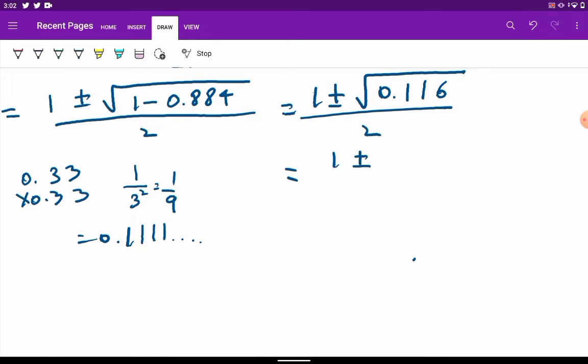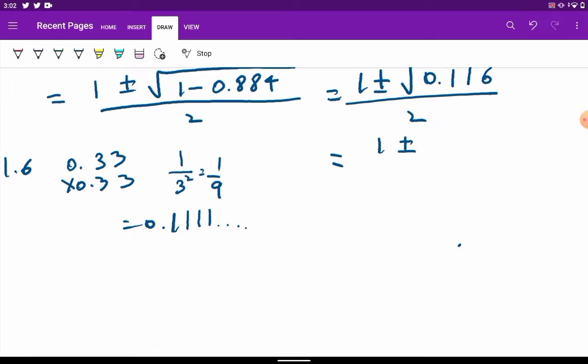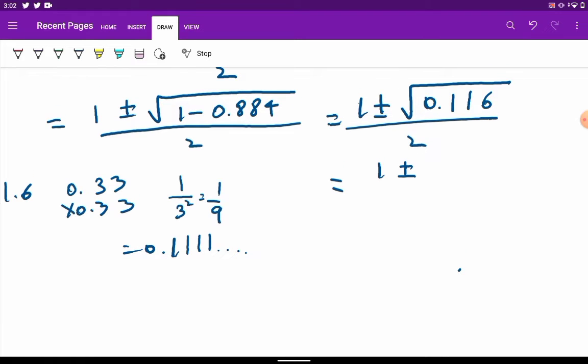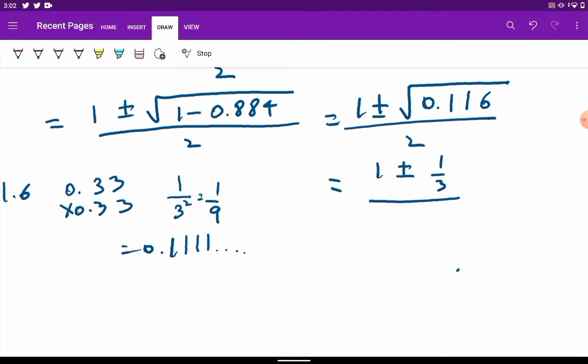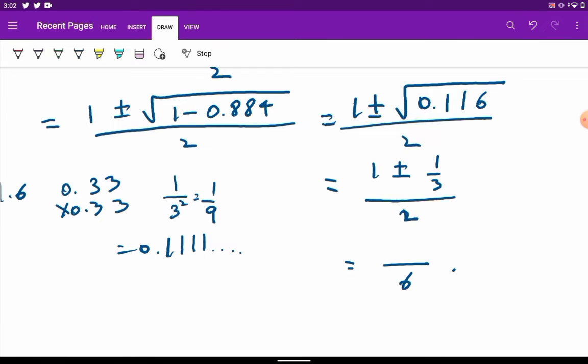Sorry, 1 by 3. 0.116 is about 1 by 9, so the root becomes 1 by 3. It's a very rough approximation. So this becomes 3 plus minus 1, which is 2 by 6, or could be 4 by 6, which means it could be 1 by 3 or 2 by 3.